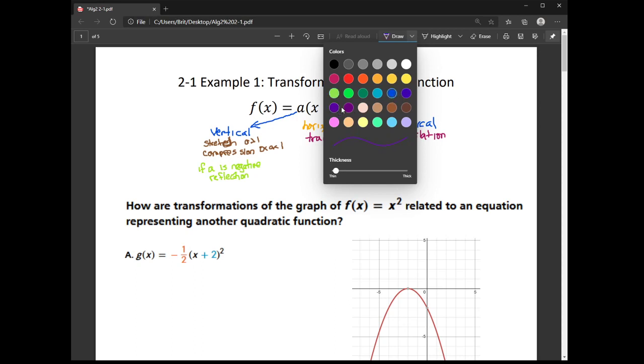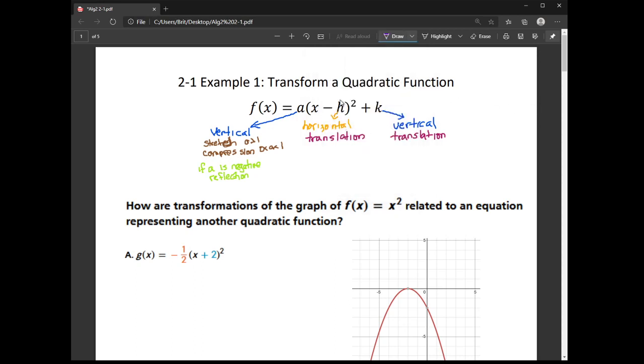So then our translations have some directions they can go. If our translation says minus h in here, you're going to go to the right. And if it says plus h, you're going to go to the left. That feels a little bit backwards, doesn't it? Because the negative stuff's on the left.